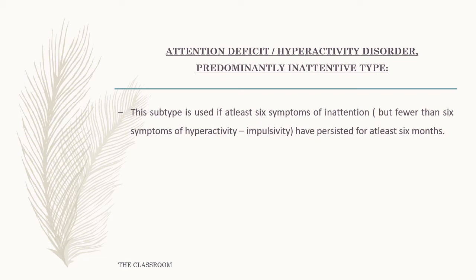The second one was predominantly hyperactive-impulsive type, where there have to be 6 symptoms of hyperactivity and impulsivity and fewer than 6 of inattention, persistent for 6 months. And the last one is predominantly inattentive type, where there are 6 symptoms of inattention plus fewer than 6 symptoms of hyperactivity and impulsivity, which have persisted for at least 6 months.